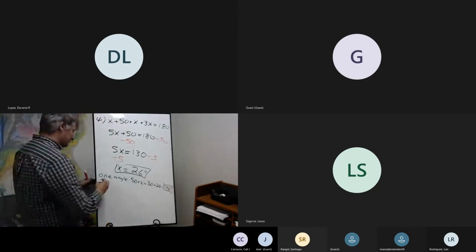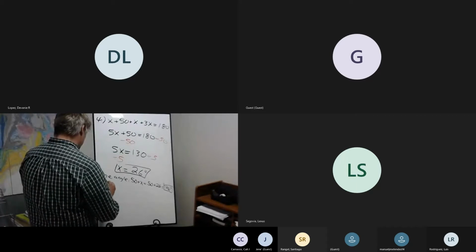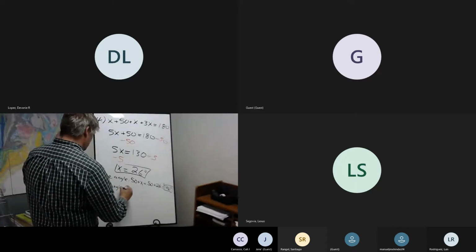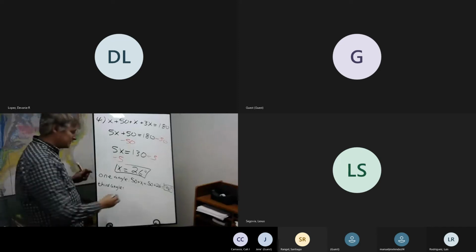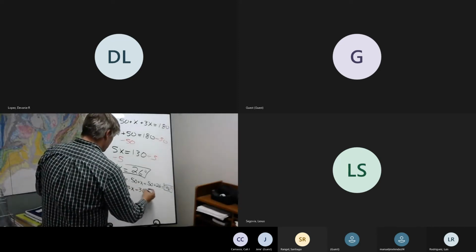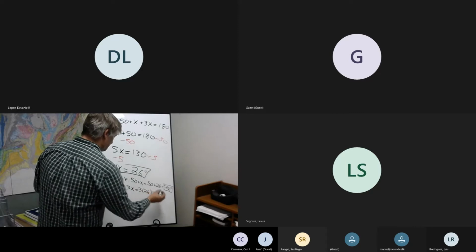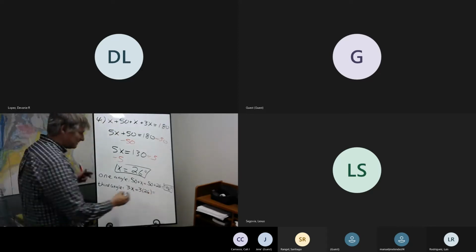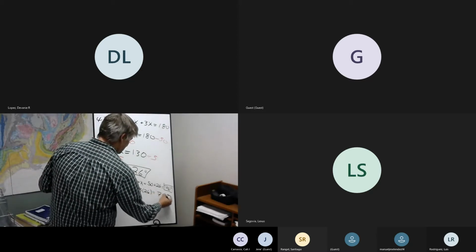Now for the third angle, that was 3 times the smallest. Let's see, that would be 78 degrees.